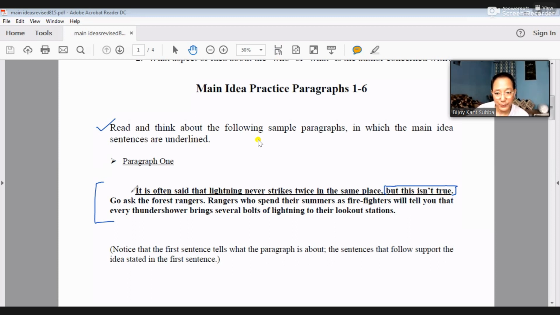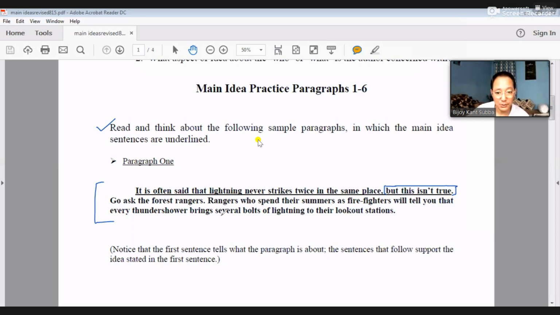The author further supports it by saying, go ask the forest rangers. Rangers who spend the summers as firefighters will tell you that every thunder shower brings several bolts of lightning to their lookout stations. So every summer they can have lightning more than once, twice, and so on.